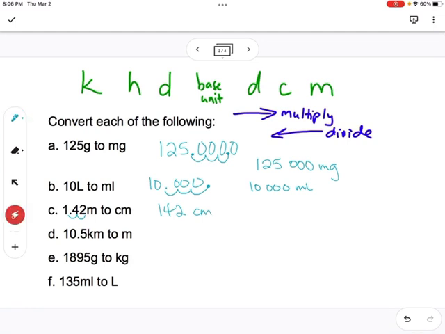Okay, going from 10.5 kilometers to meters, going from the K to our base unit, going over 1, 2, 3. Moving that decimal, 1, 2, 3, gives us 10,500 meters.